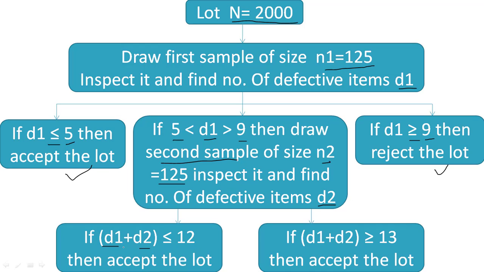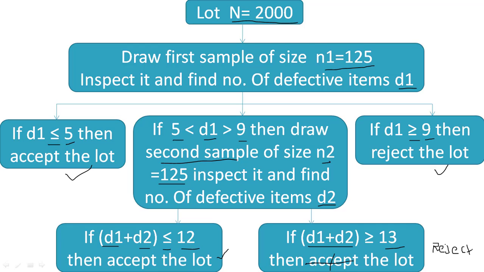If the summation of D1 and D2 is less than or equal to the acceptance number for the second sample, that is 12, then we can accept the lot, and if the summation of D1 and D2 is greater than or equal to our rejection number, that is 13, then we can reject the lot.